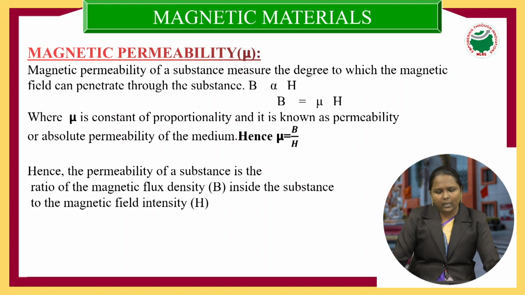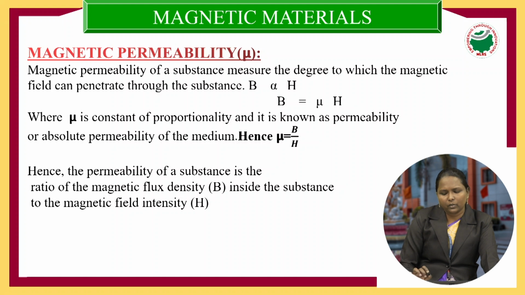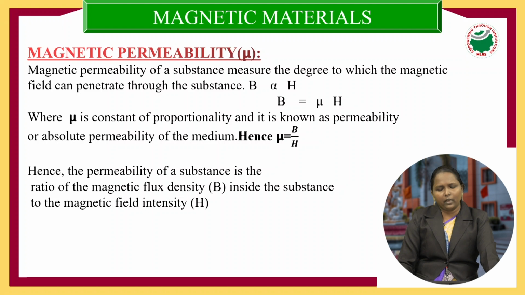The external field is capital H. That magnetic field is proportional to the induced field in the magnetic material. Here the induced field, or induced magnetic moment, is capital B. So capital B is proportional to capital H, and the proportionality constant we take as mu. This mu is the magnetic permeability of the substance.